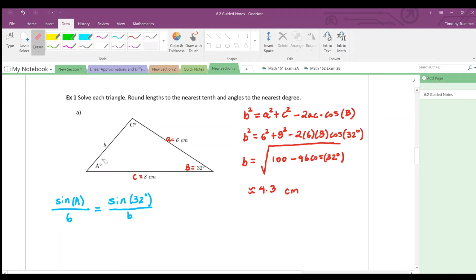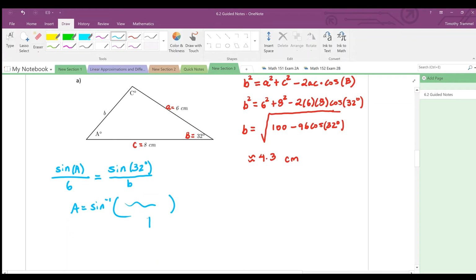This is because when we go to solve for A here, we're going to have A equals sine inverse of something. And sine inverse can only output angles that are between minus 90 degrees and 90 degrees.